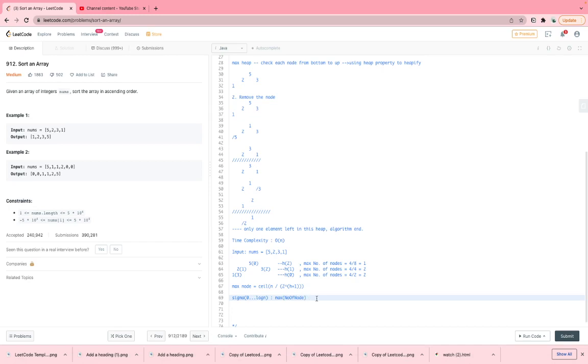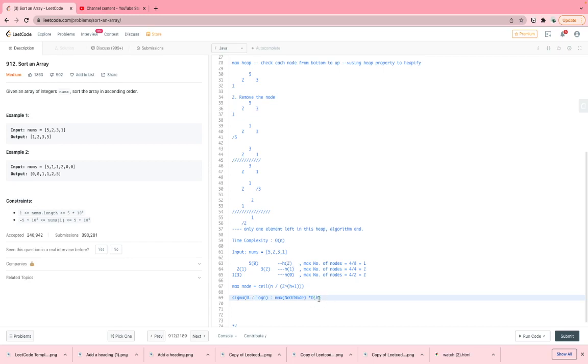Okay, this one, and then we plus O(h). Okay, yeah, because we have h levels, and each level we actually have the time complexity of the maximum number of nodes in each level, and then we total have h levels.